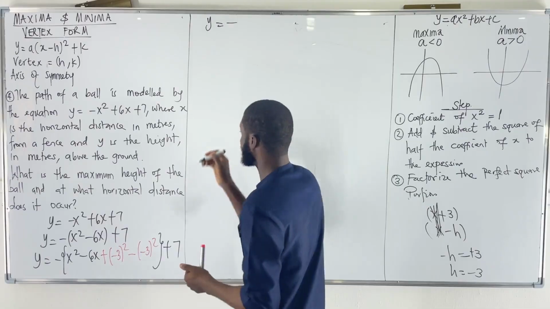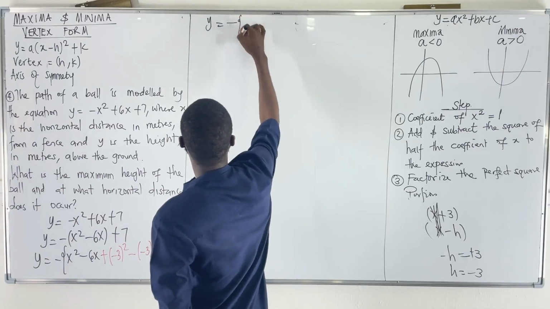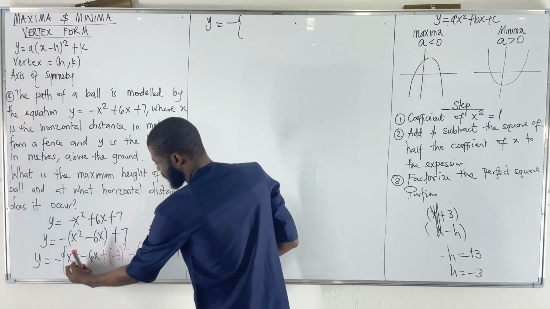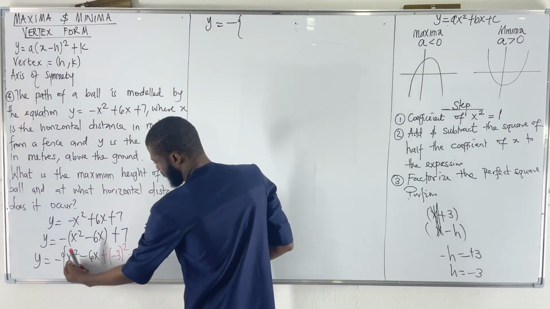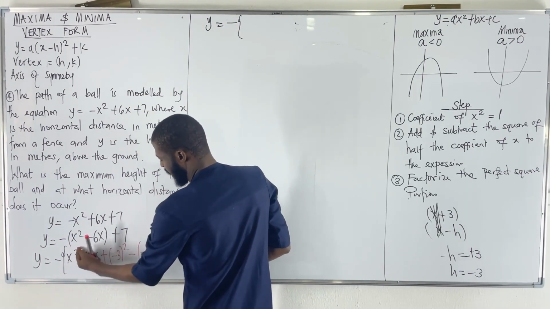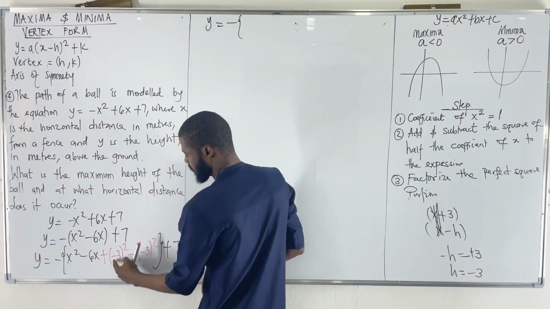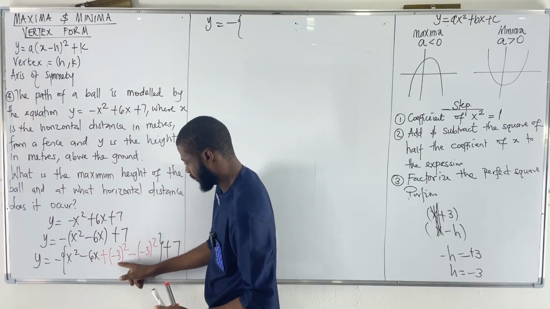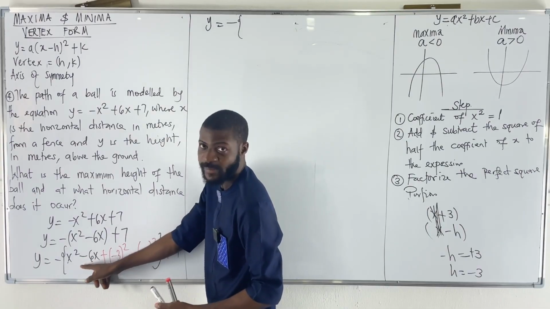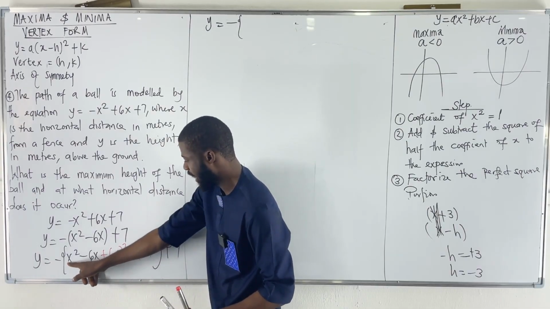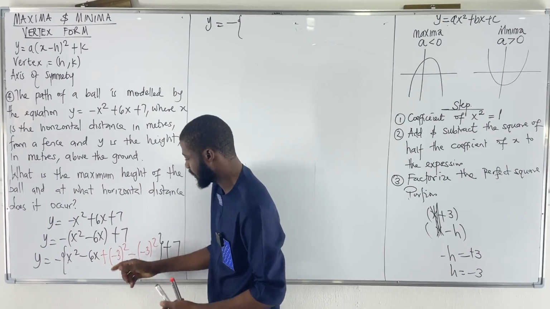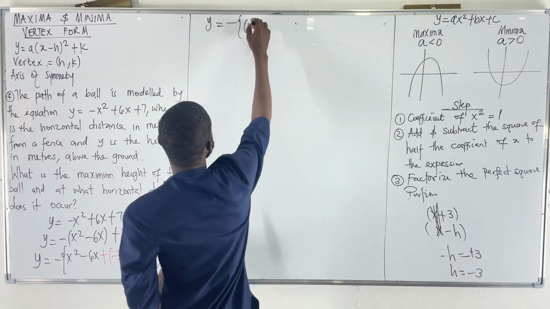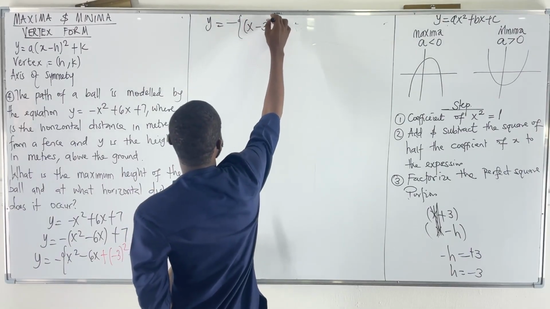There are different ways to do this, but let's proceed. If you look at this first one right here, we have x squared minus 6x plus minus 3 squared. And we know that the minus 3 right here is half of this minus 6. So this is a perfect square. We could pick our x and pick our minus 3 and say all squared. So this is x and minus 3 all squared.